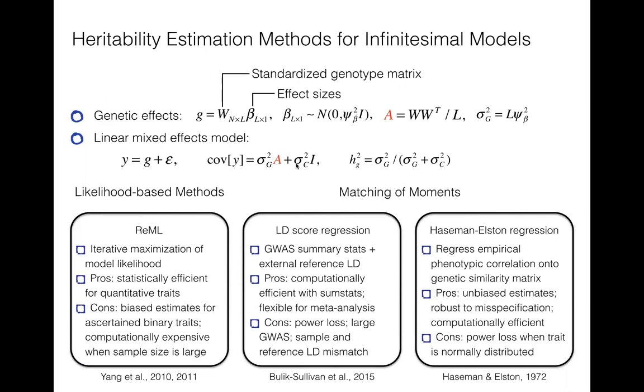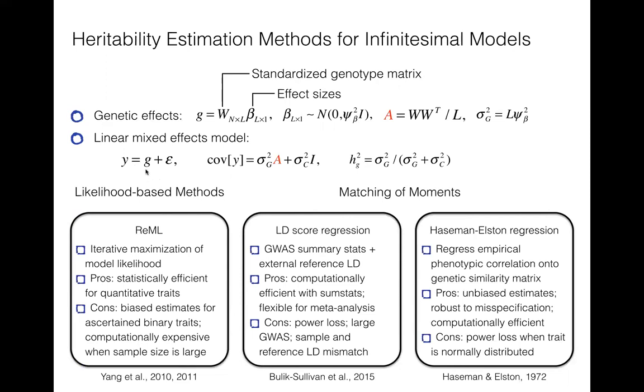There are two general classes of statistical methods that can be used to fit this model and produce a heritability estimate. The first class is the likelihood-based methods, which is also the classical method used in the GCTA approach. To use this type of method, we need to further impose some distribution assumptions on the phenotype and genetic effects.